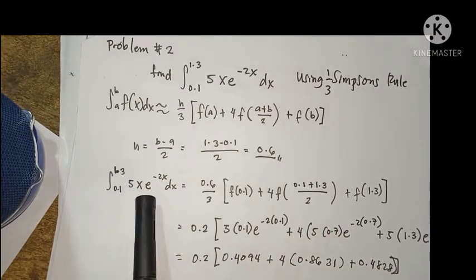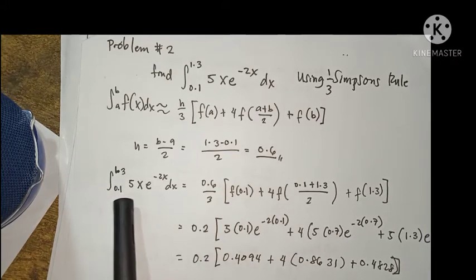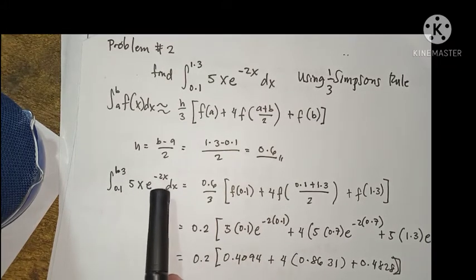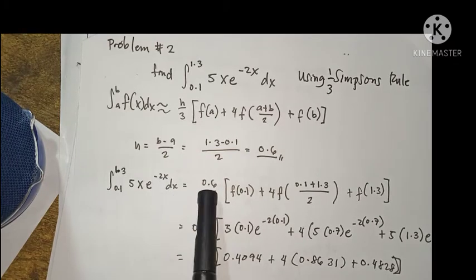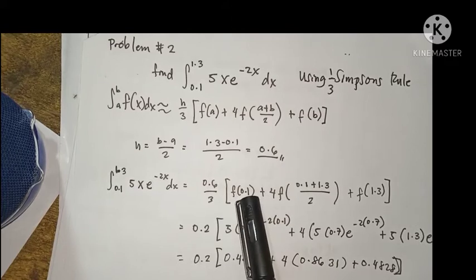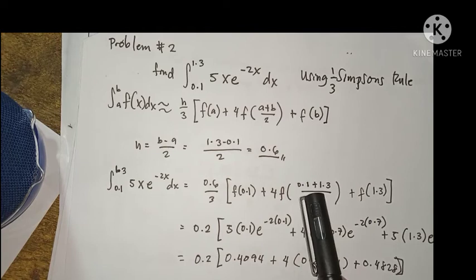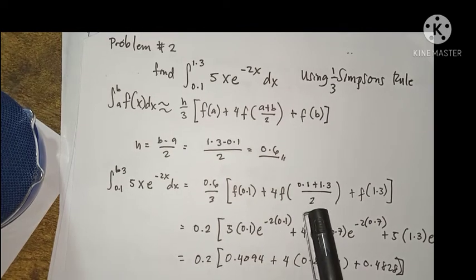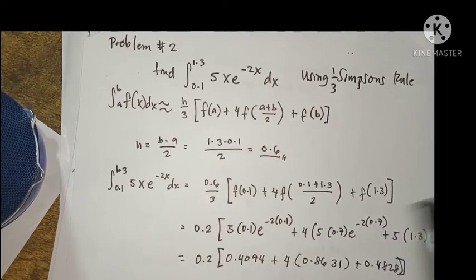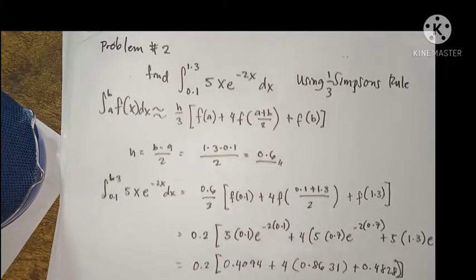So the integral from 0.1 to 1.3 of 5xe raised to negative 2x dx is equal to 0.6. Substitute the h: function of 0.1 plus 4 function of 0.1 plus 1.3 over 2 plus function of 1.3. So 0.6 divided by 3 is 0.2.